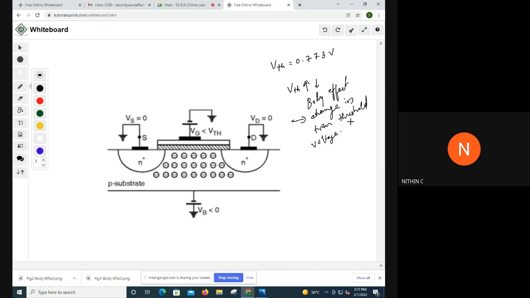Change in the transistor threshold voltage because of the difference in the voltage between transistor source and body.